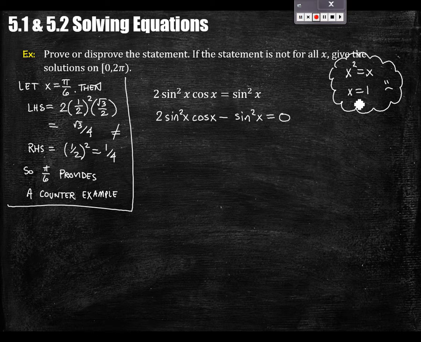That's the lesson the person over here needs to learn, and that's what we're gonna do here too. I'm suggesting that you'll lose a solution. Just like you lost the solution over there, you're gonna lose the solution here if you ignore the sine x. You assume that sine squared x is not 0.